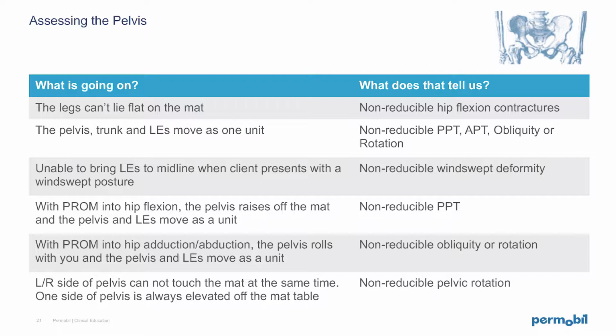And then lastly, if the left and the right side of the pelvis cannot touch the mat table at the same time, so let's say you're trying to lay the patient flat, and one side of the pelvis is digging into the mat table, and the other one is barely making contact and is more up in the air, closer towards you, and you're unable to bring it down to make both of them even and flat, then you're definitely dealing with a non-reducible pelvic rotation.